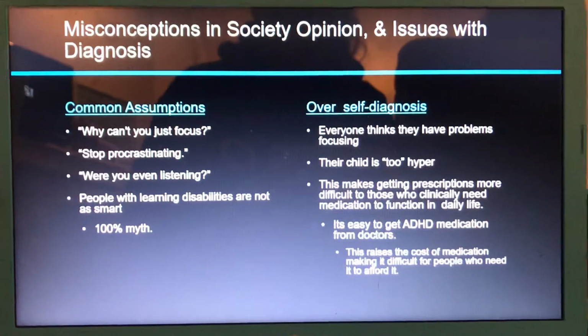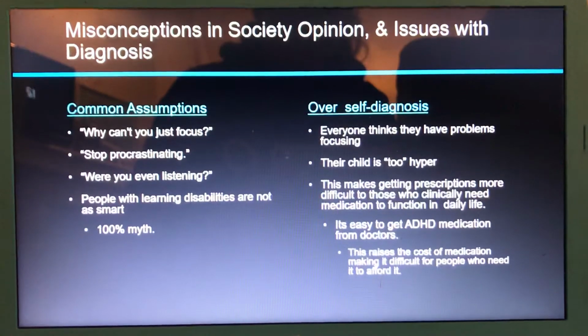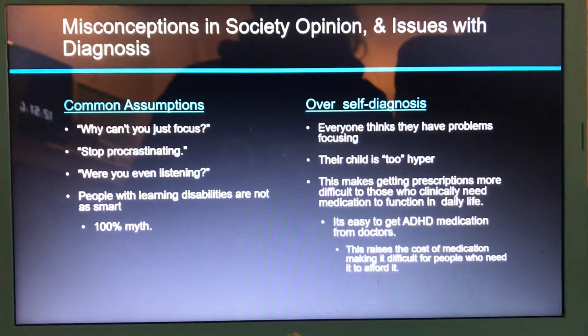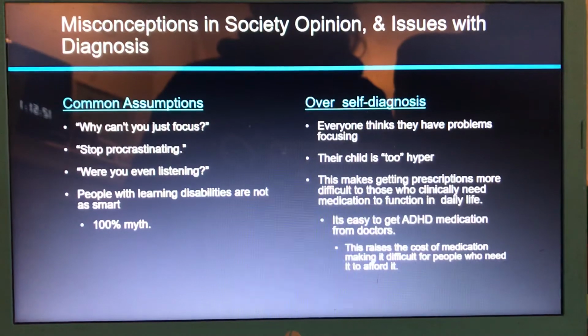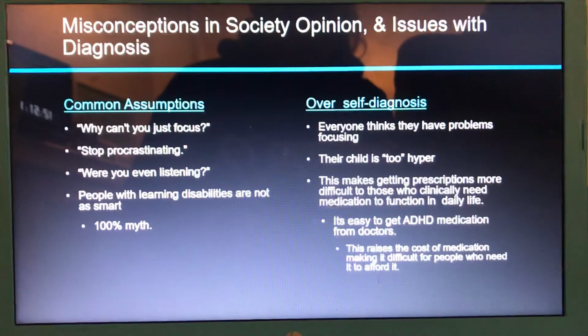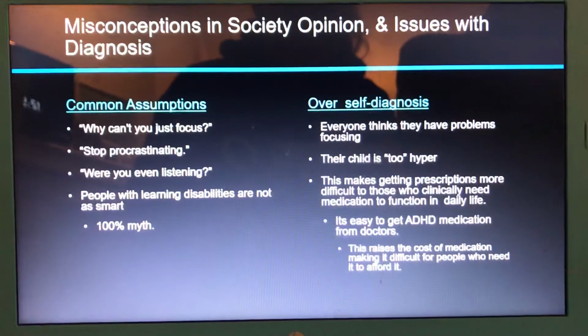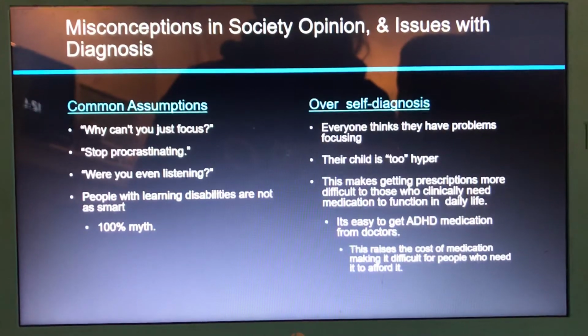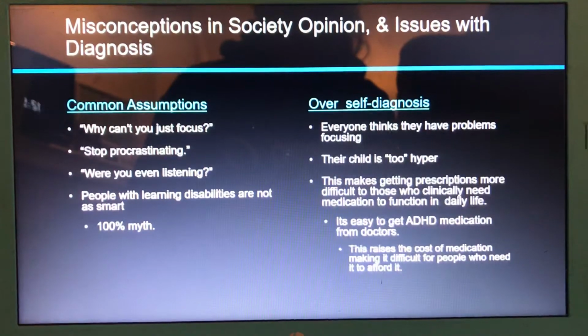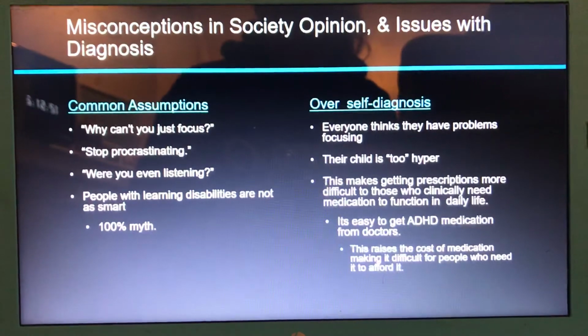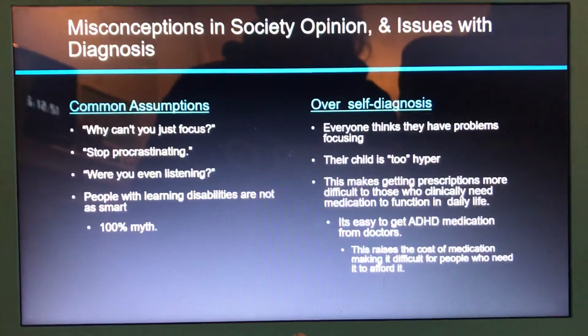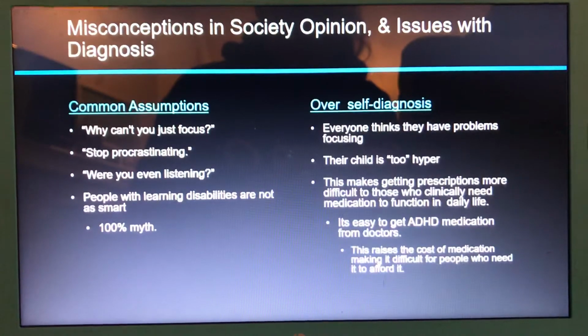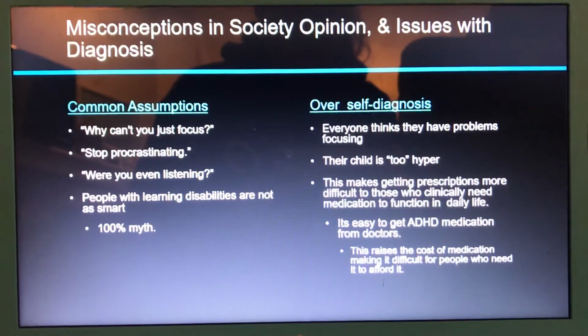In fact, there is evidence to suggest that people with learning disabilities actually have a higher IQ, upwards into the 130s. It's just that for those who have that disorder, it just means that maybe they have to work a little bit harder, or there's a certain area of focus that they tend to hyper focus on and that they're really, really good and passionate about.